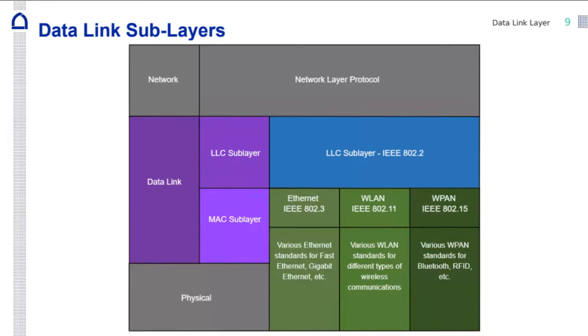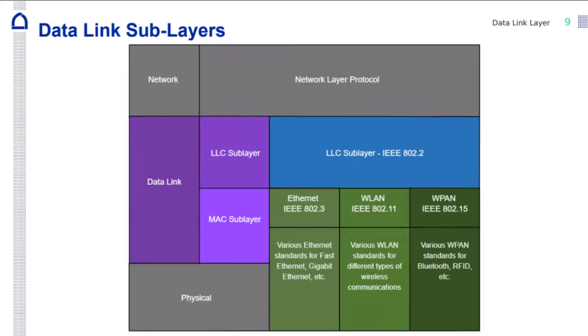So this is the data link. It's split into LLC and MAC. The LLC is 802.2. In the MAC sublayer, we have the Ethernet, the wireless LAN, the wireless PAN, the personal area network, and this is the standard IEEE 802.15. And then we have various Ethernet standards for fast Ethernet, gigabit Ethernet, and so on.